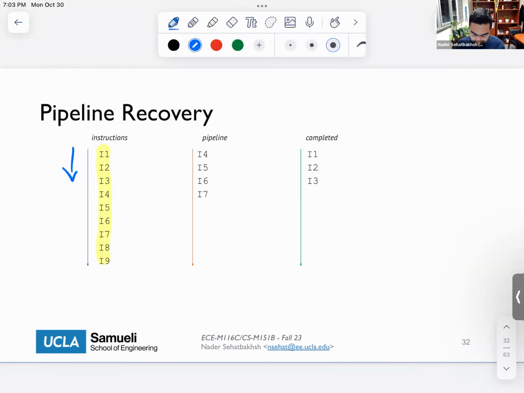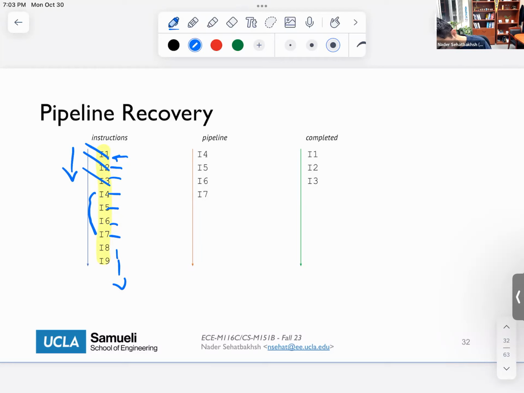We fetch this, then this, and so on. We fetch, decode, execute, and so on. Let's look at a snapshot of the processor where I1, I2, and I3 are finished, and now we have I4, I5, I6, and I7 in the pipeline.